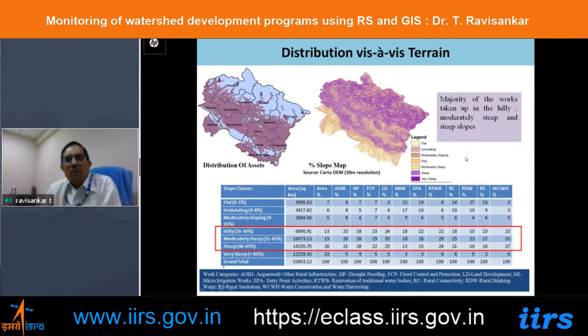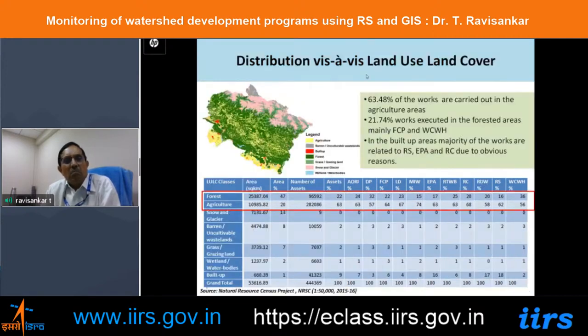And why this analysis is done: the slope analysis will help us really decide where to put what type of structures, and whether the structure can be stable and other things. It helps to do all those analyses. Similarly, we have done the Manrega assets versus land use land cover, and you can see most of the assets are created where the land use is either forest or agriculture.